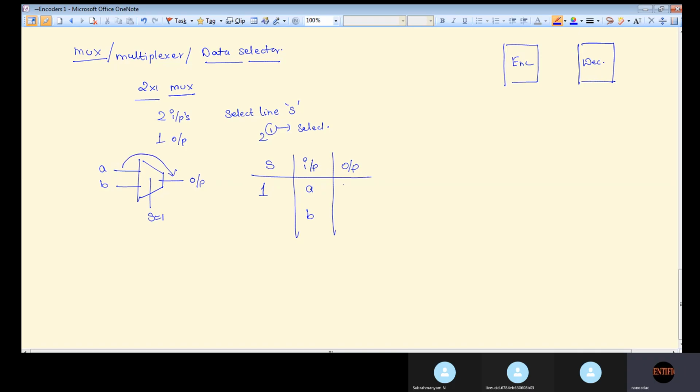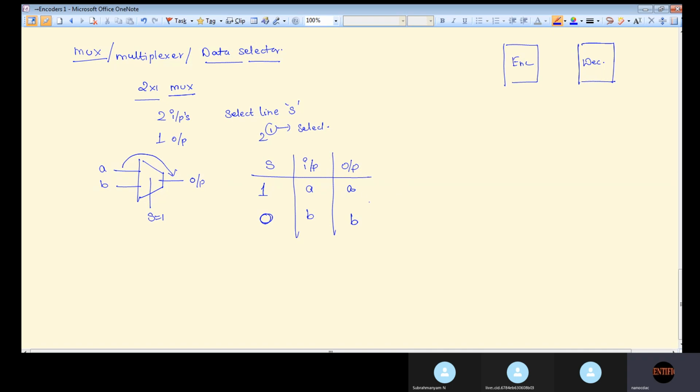If S is equal to 0, your output will be equal to B.